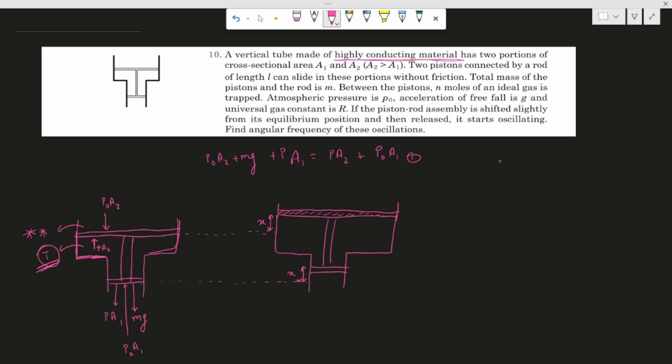Now we can write PV equal to nRT. This P is initial pressure and this V is initial volume, and this temperature will always remain constant because the tube is highly conducting.